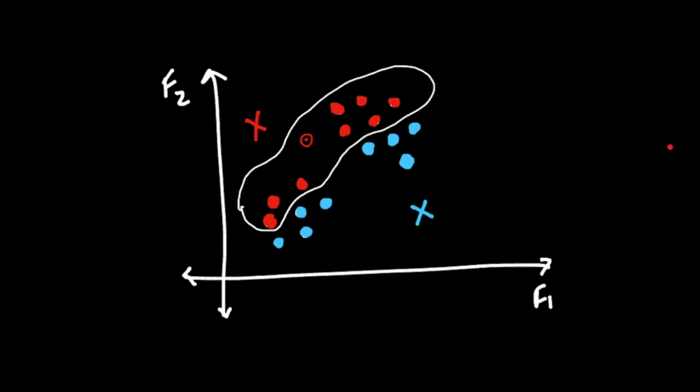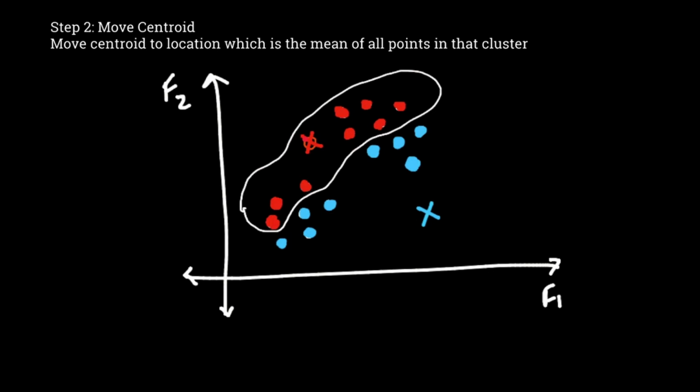Now that it knows that the mean is over here, it is going to move this x to that position. So the centroid is trying to get close to the mean location over here. K-means, I guess that's how they came up with the k and the mean, right?